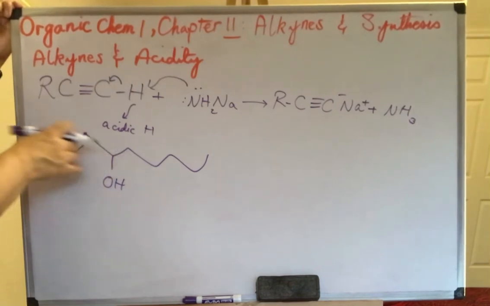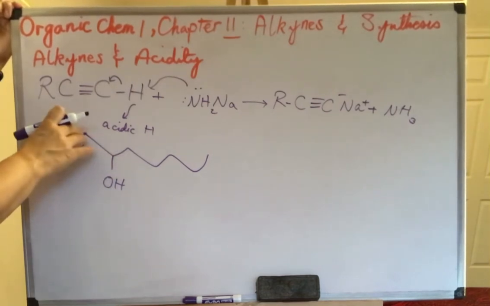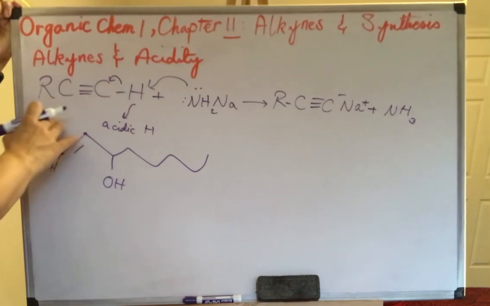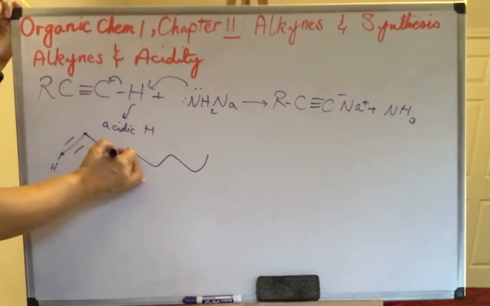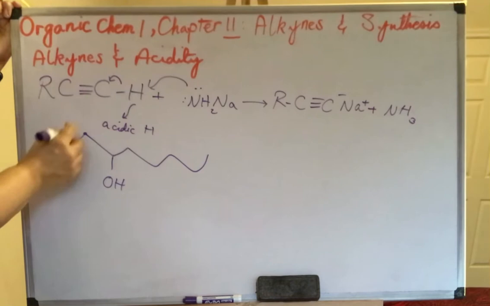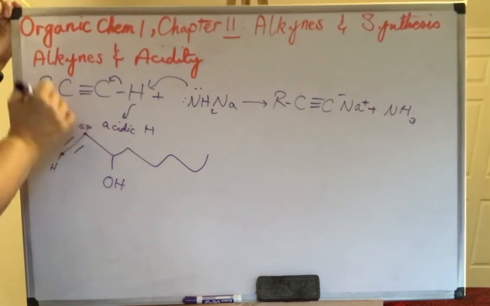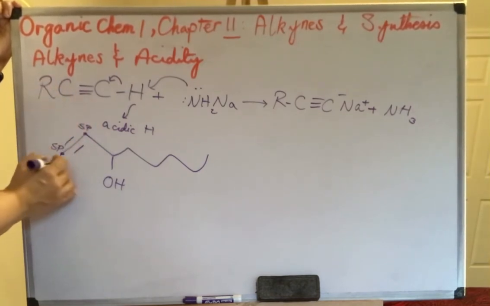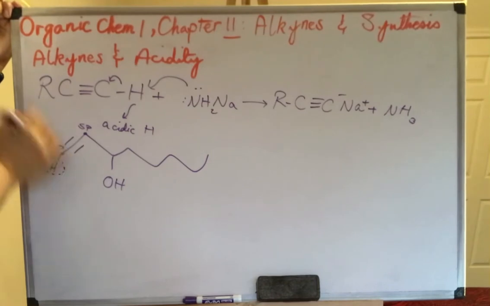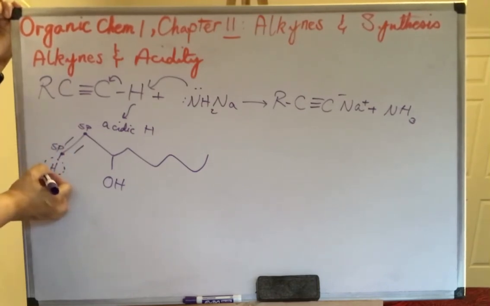So when we want to compare the hydrogens connected to a triple bond carbon, or carbons of a double bond, we know that these are sp carbons, right? Hydrogens connected to sp carbons are the most acidic. So this is a hydrogen which will be removed first with a base.